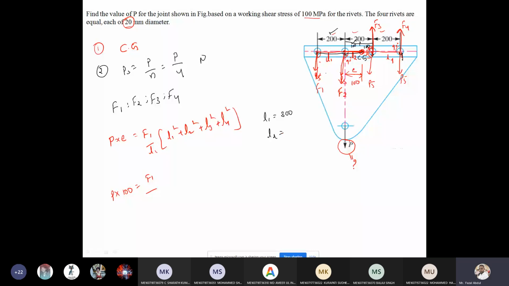From the second rivet center to the center of gravity, that is 100. What is L3? It is the distance from the third rivet center to the center of gravity. That is 100. L4 is 300, from the fourth rivet center to the center of gravity.